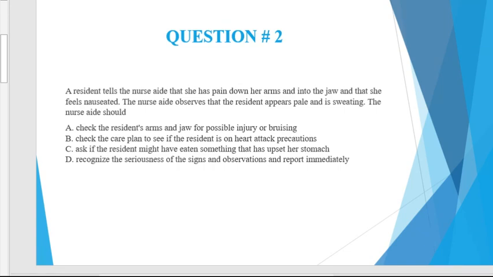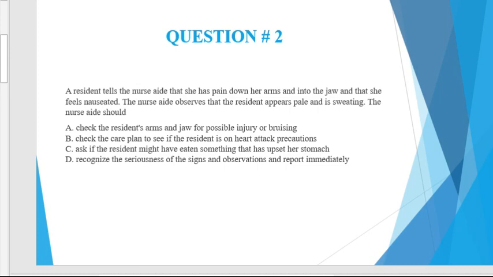Now, check the resident's arm and jaw for possible injury or bruising, and recognizing the seriousness and reporting it to the nurse. Which one do you think is your responsibility? These 2. Yes, the answer is D.